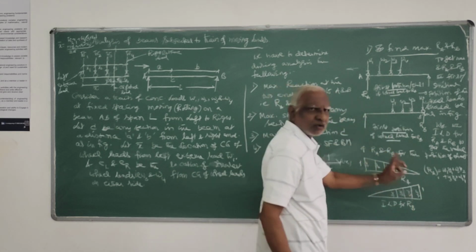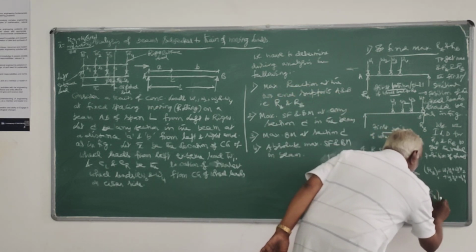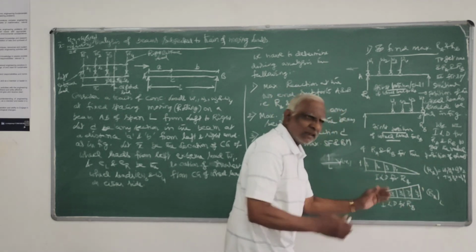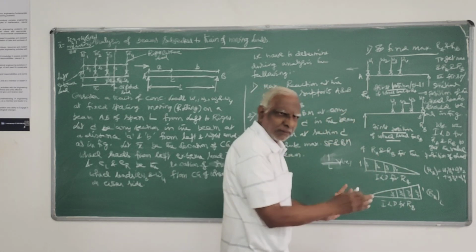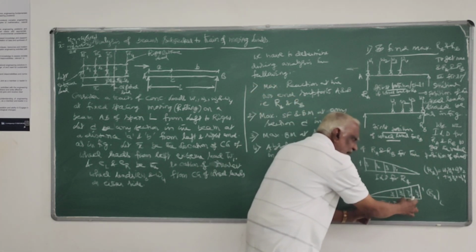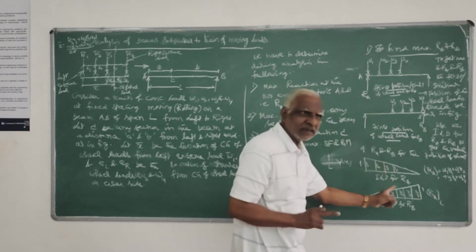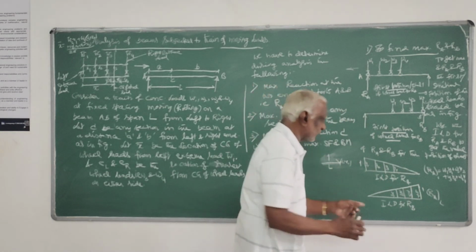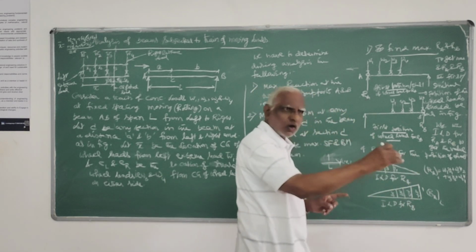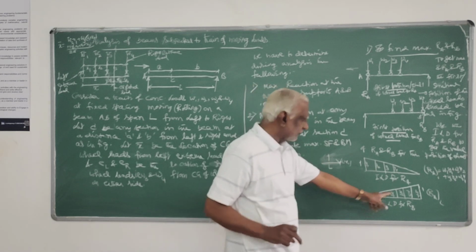So you work out this on similar lines, by similar triangles. You first find 1 by L, keep that value, and multiply it by this, which is again L minus x4. There it was L minus x1, here it is L minus x4. Then L minus x4 plus x3, then L minus x4 plus x3 plus x2. Like that, you can find that particular ordinate.